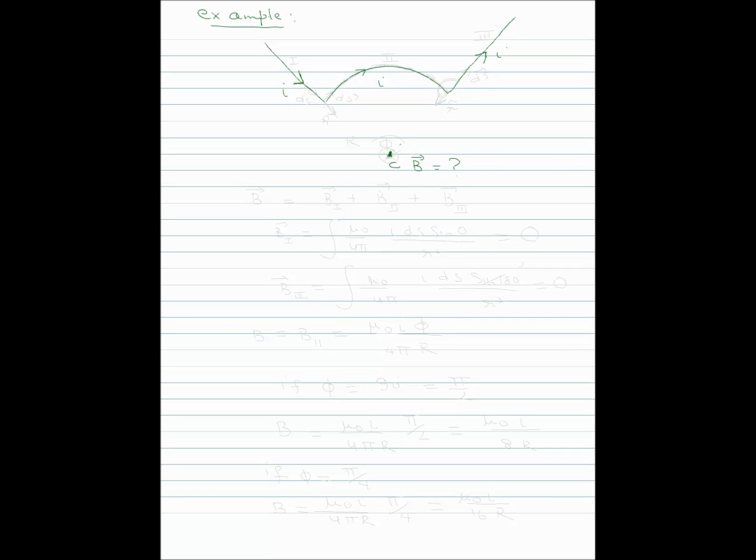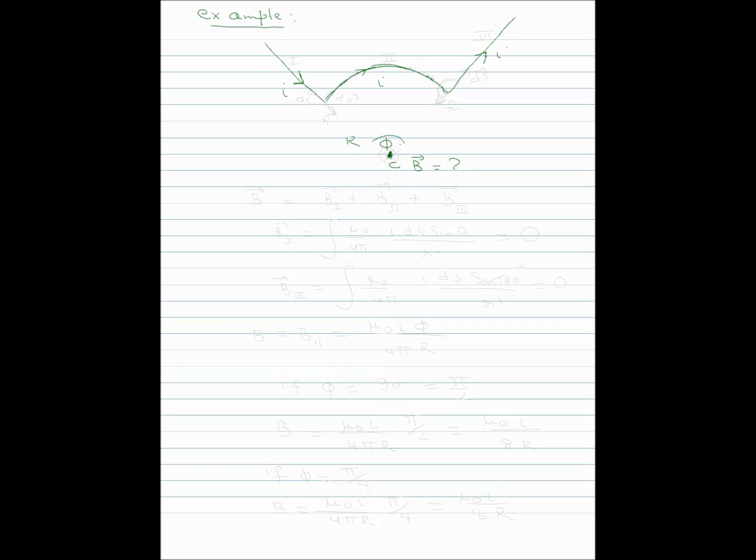B is equal to what? That's the question, so think about it. We are given that the radius of this circle is r, so this thing is r. Let's say that this angle here is phi. So in this particular case, we have three contributions to magnetic field at this point C, at the center of this arc here.